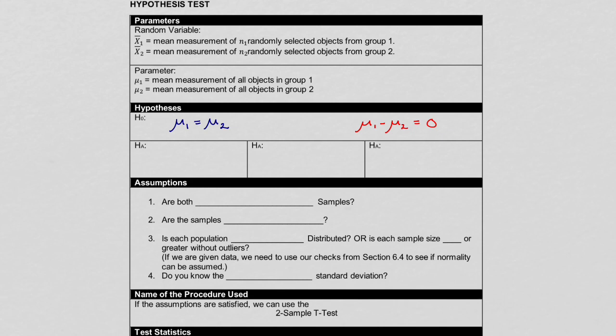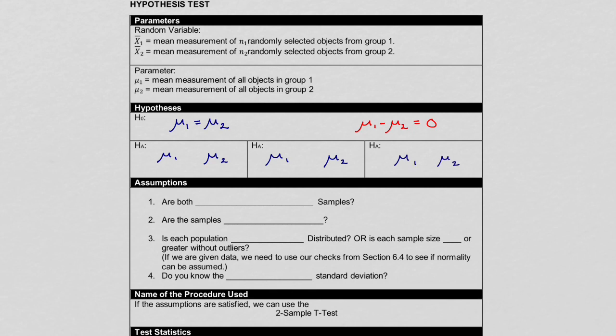So when it comes to the alternative hypotheses, this should not be a shocker that we are going to be using the same three inequalities that we've been working with this entire quarter. So again, when it comes to the alternative hypothesis, we're just going to drop down our two values.